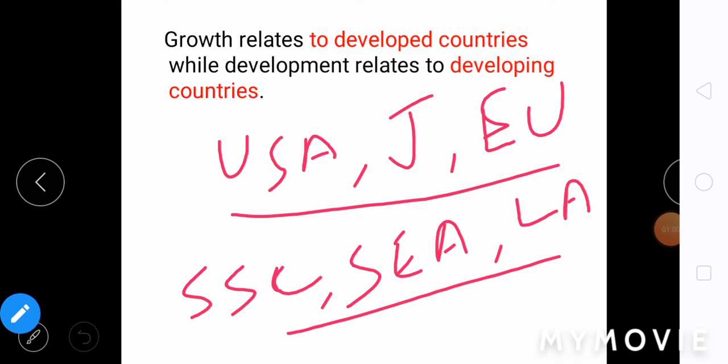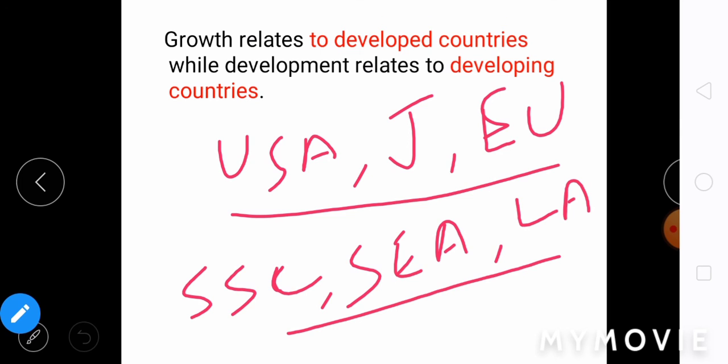So when we talk about the concept of growth, we talk about the developed countries. So we will say the growth of income, the growth of expenditure, or the sustainment of level of consumption, etc. So growth relates to the developed nations, but development relates to only developing countries.